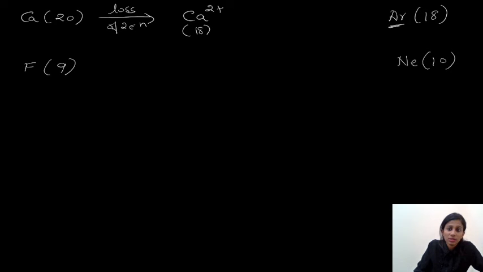In the same way, fluorine, in order to become stable as neon, will tend to gain 1 electron, and that will result in the formation of the F minus fluoride ion, with a gain of 1 electron.